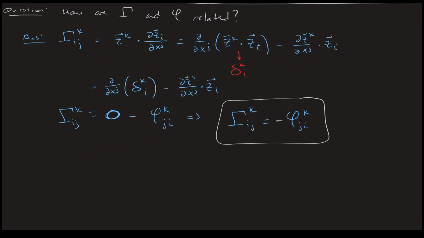So instead of writing partial zi up, partial xj as phi i up, jk down, zk up, you can write it as negative gamma jk down, i up, zk up.